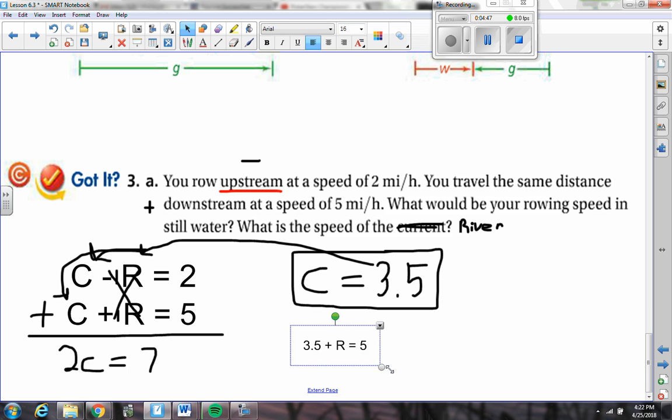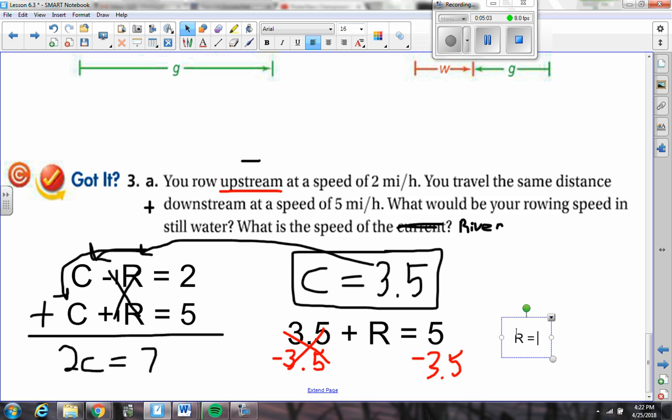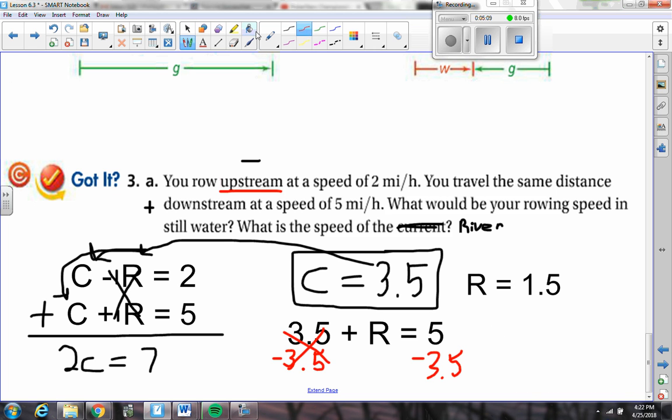I can solve that for R pretty easily by simply subtracting 3.5, and I get that the river speed, R, is equal to 1.5 miles per hour. So the speed of my canoe is 3.5, and the speed of the river is 1.5.